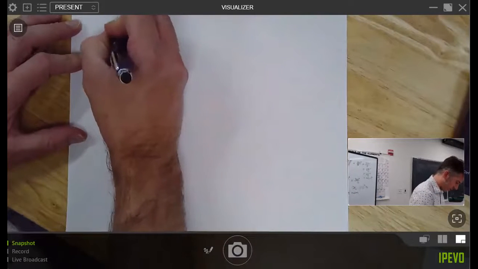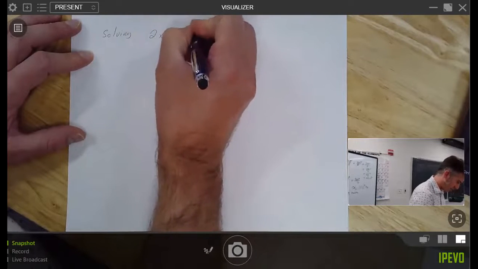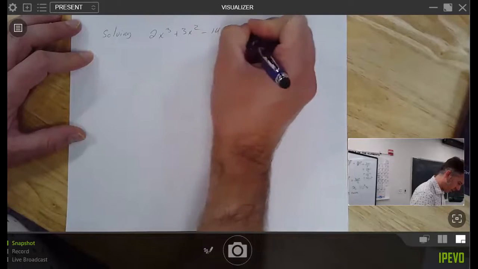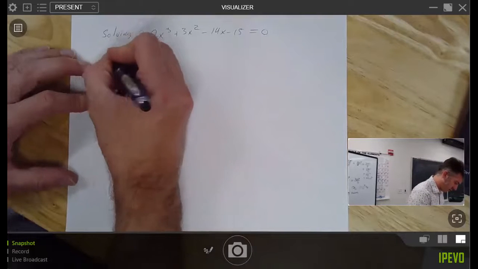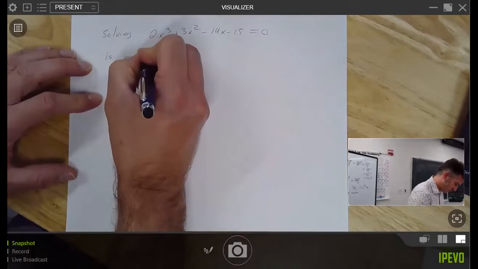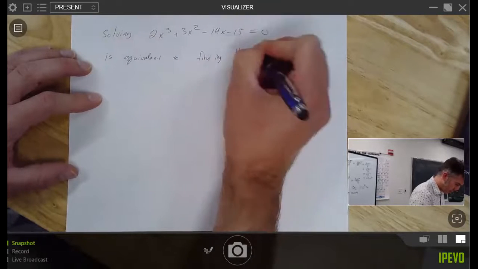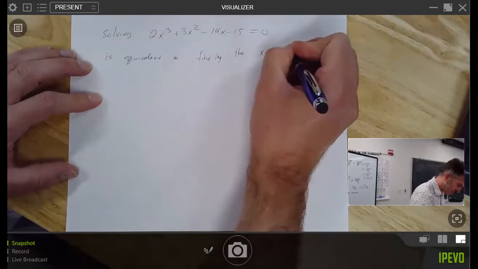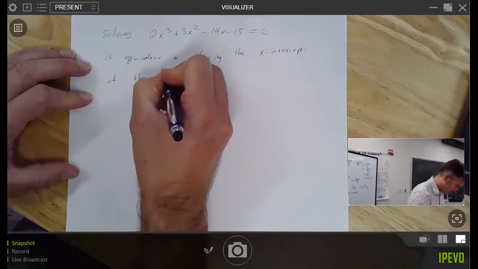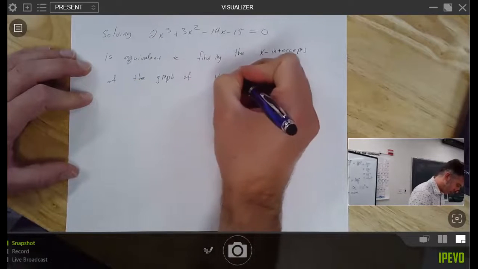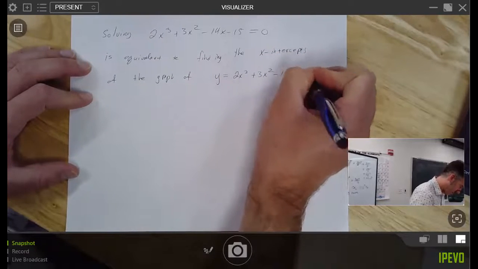I want to point out that solving something like 2x cubed plus 3x squared minus 14x minus 15 equal to 0 is equivalent to finding the x-intercepts of the graph of y equal to 2x cubed plus 3x squared minus 14x minus 15.